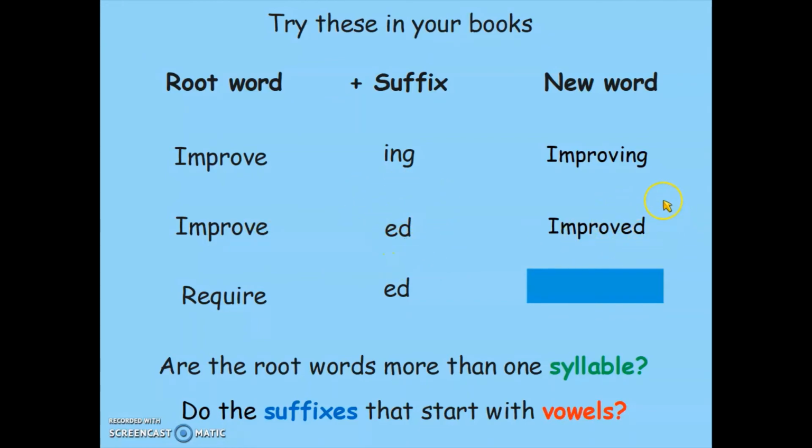So we add that so it still has 1 E, not 2. And the same with require, required, lost 1 E, added ed. And we had to use that rule because the root words were more than 1 syllable and the suffix started with vowels, they started with an E.